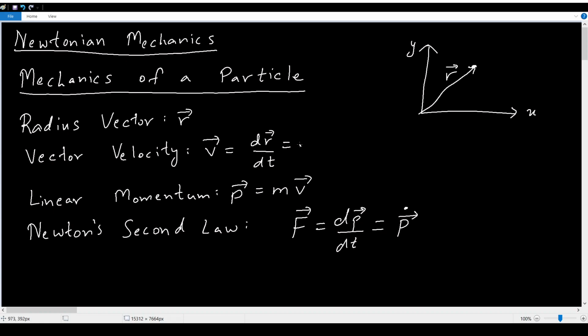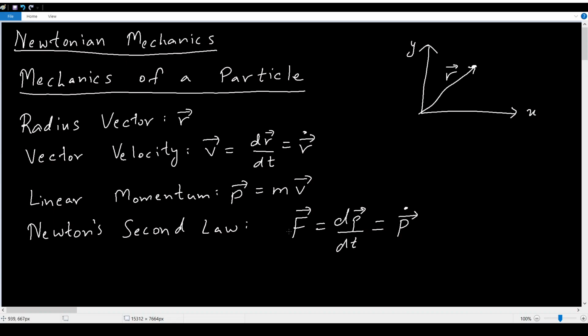So here we can write r dot. So this is Newton's second law, and this is the equation of motion of a particle, and it only holds in certain reference frames, and those reference frames are called inertial or Galilean reference frames.